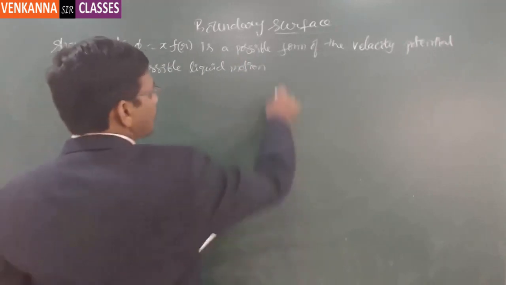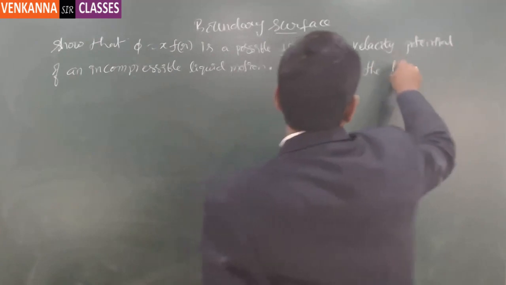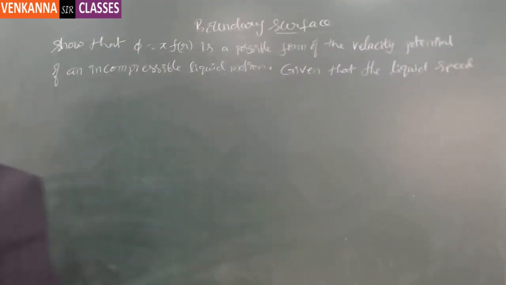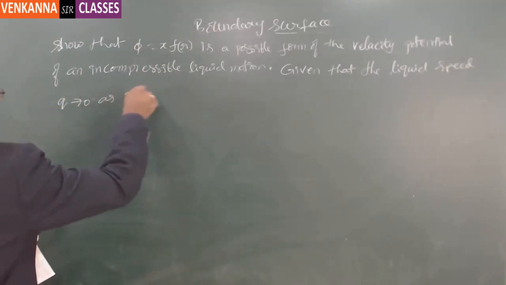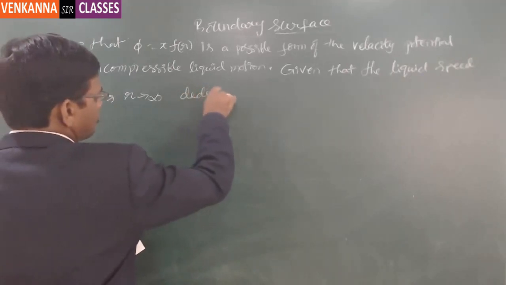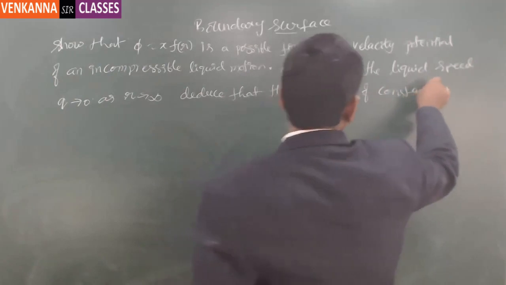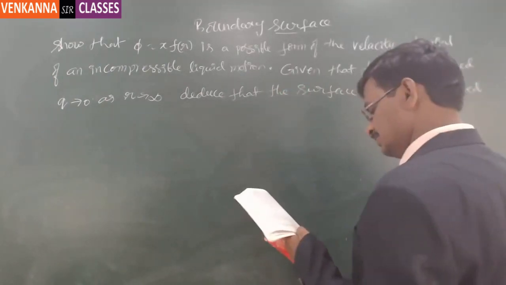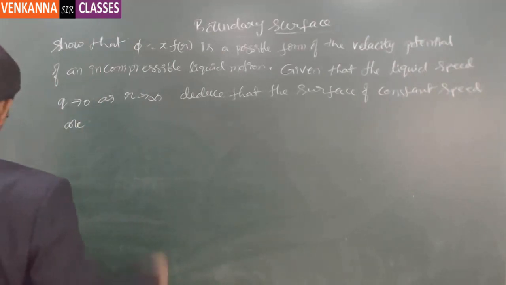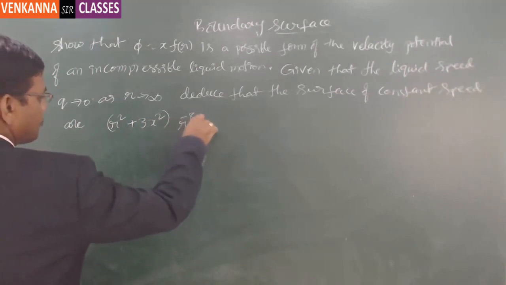Given that the liquid speed q tends to 0 as r tends to infinity, deduce that the surface of constant speed is r square plus 3x square into r power minus 8 equal to constant.